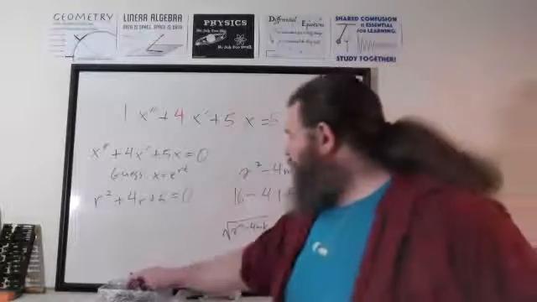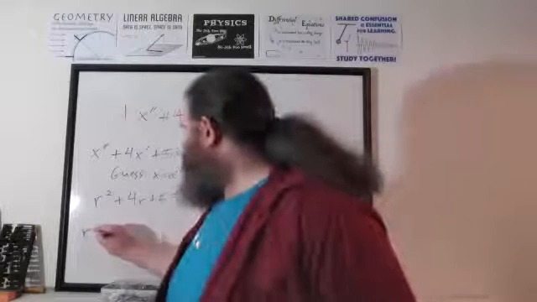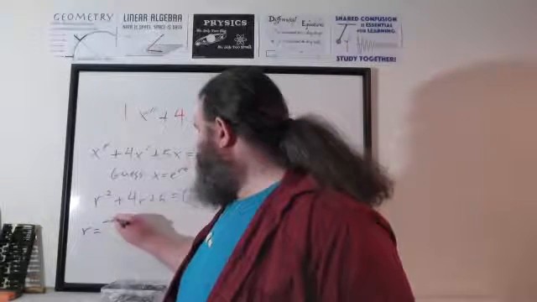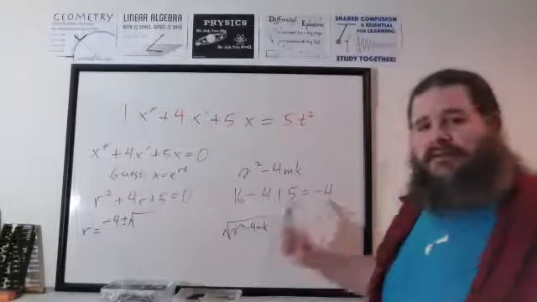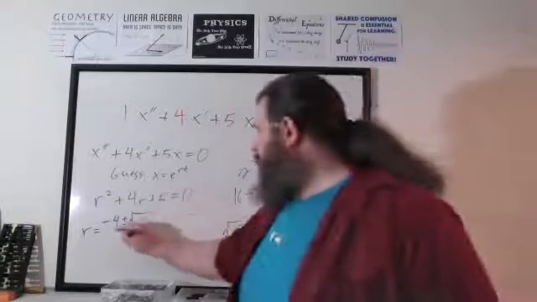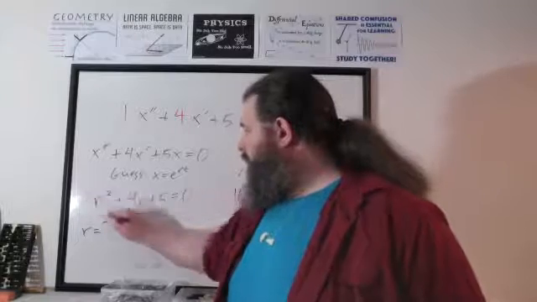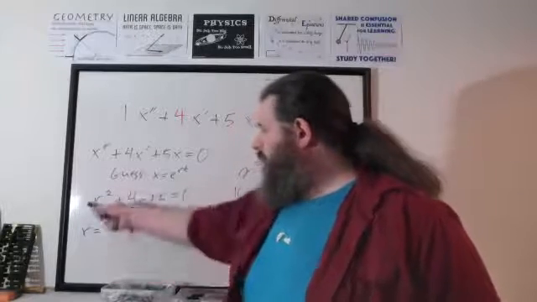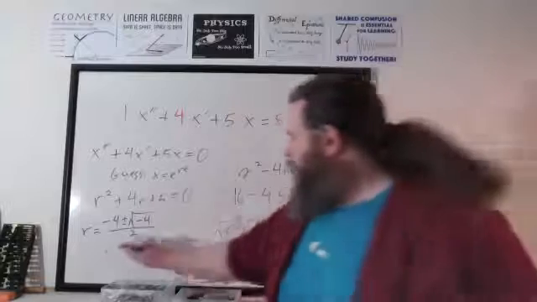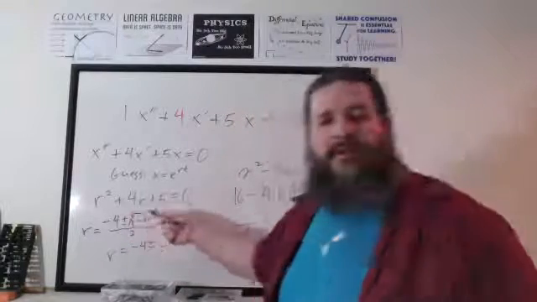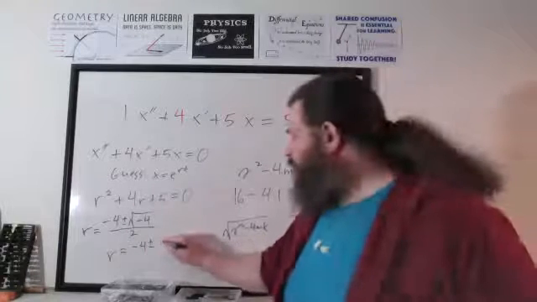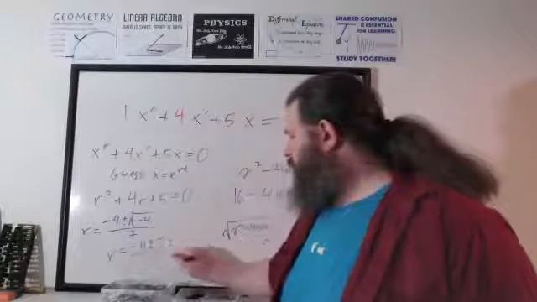So let's see what that's going to be. r would be negative gamma plus or minus the square root of the discriminant, which we already calculated, so we can just fill that in, over 2 times that first number, 2 times 1. So that'll be -4 plus or minus the square root of -4, which is 2i, all over 2.